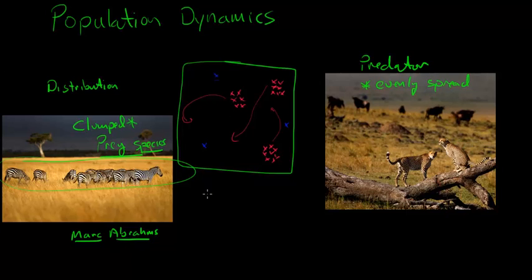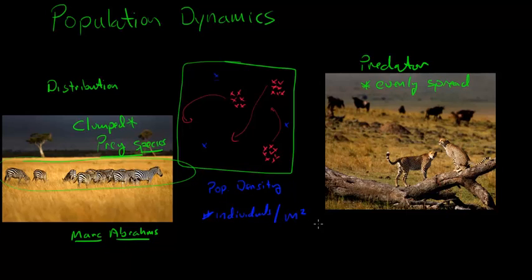But what I want to talk to you here about is population density. The population density is the number of individuals per area.